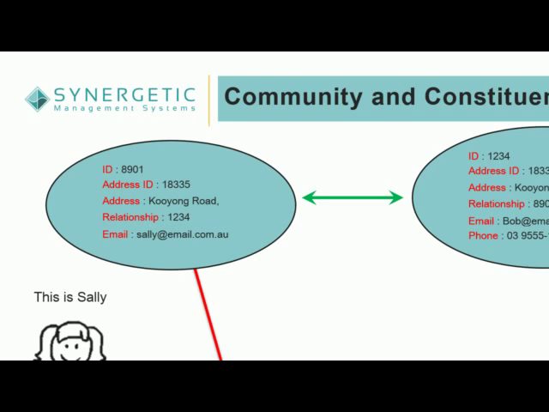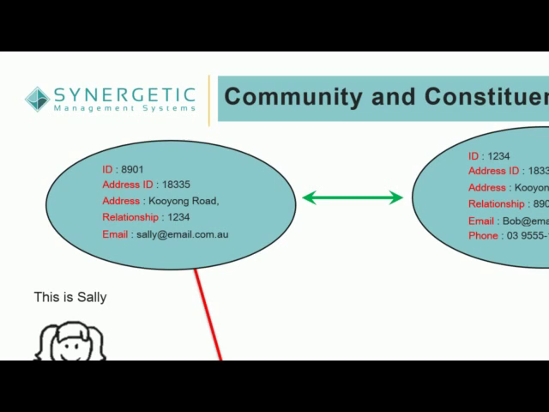Now you see what actually links these students to the contacts besides the relationship itself. So the relationship being, in this case, the father-daughter relationship, is this address ID. And usually the address ID is the same as the address ID of the primary contact.